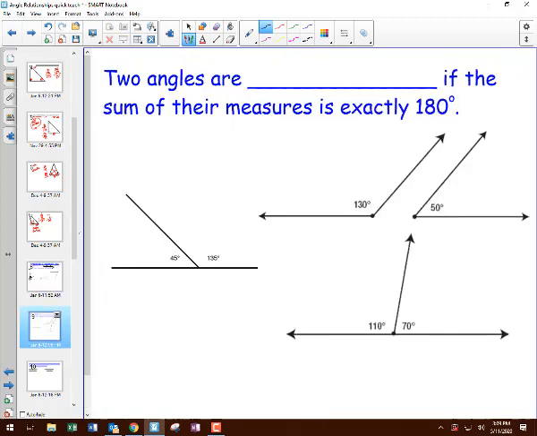All right? Two angles are supplementary if the sum of their measures is exactly 180. So here again, it can't be 179, it can't be 181.